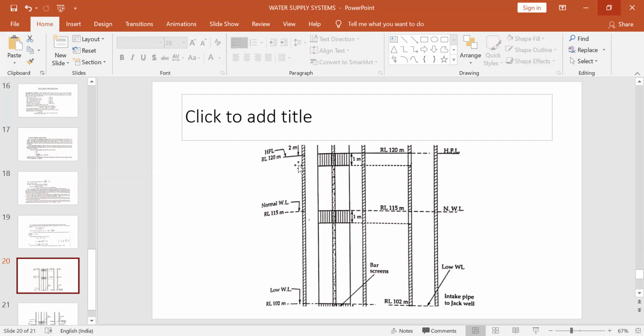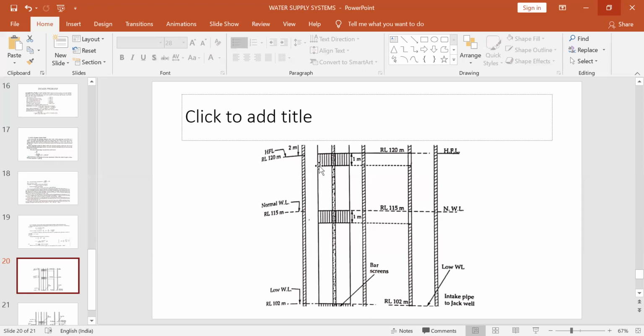Sometimes if water crosses the highest flood level, then water will enter through all the 3 ports. If water is at normal water level, NWL, then water will enter through only these 2 ports, and in the driest period it will enter only through this port. But we are designing for the maximum period. We are taking into account that HFL, maximum discharge, is occurring, flood is occurring, so all the 3 ports will run effectively simultaneously.